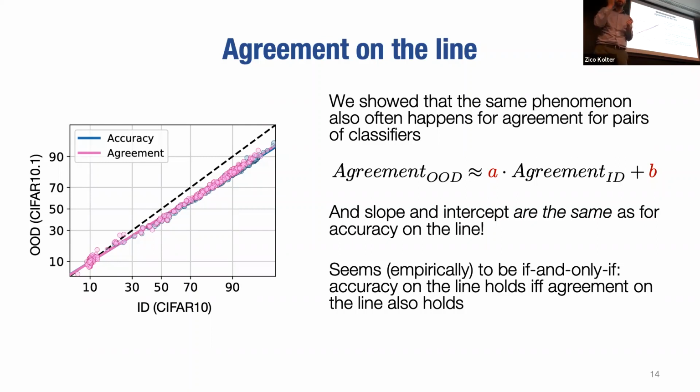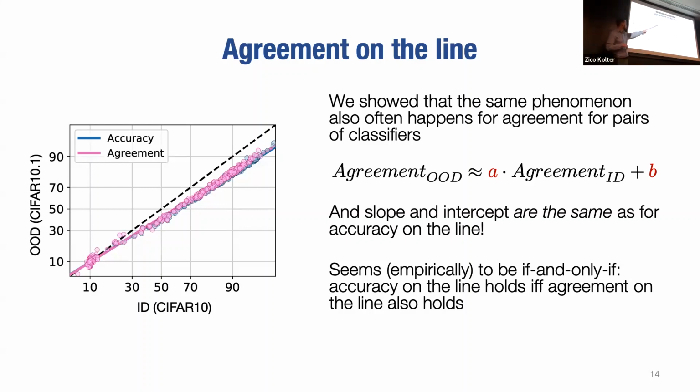So we also get this effect where there's a strong linear correlation between in-distribution agreement and out-of-distribution agreement. The more practically important thing, though, is that the slope and intercept of this line for agreement more or less matches the slope and intercept of the line for accuracy.